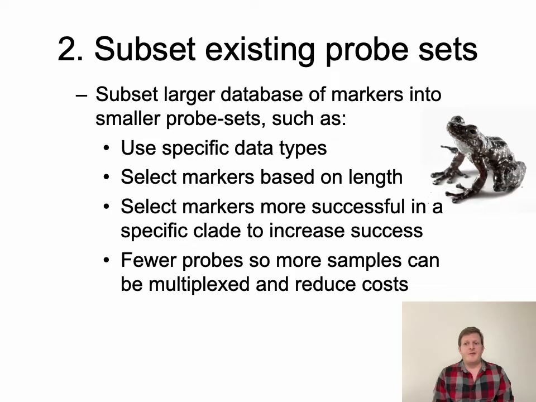And additionally, we provide trial run data from which markers can be reduced based on specific clades from a well-sampled phylogeny across all frogs. And then finally, with these subsets, you can use fewer probes, which can provide other advantages such as multiplexing more samples for sequencing and reducing overall costs.